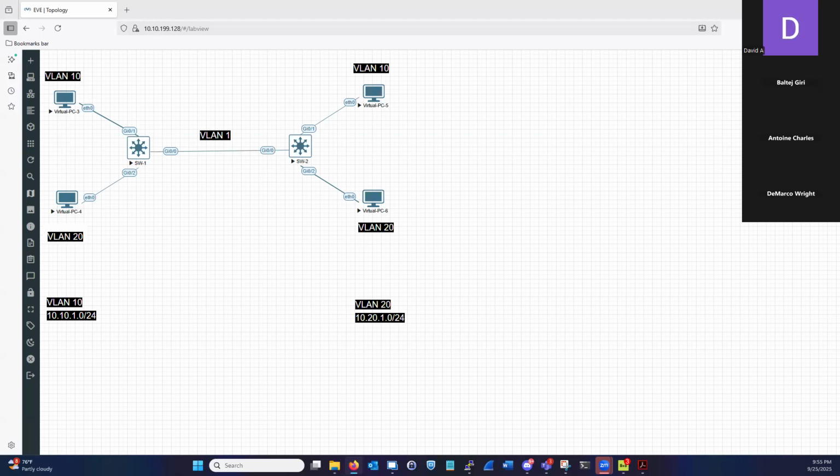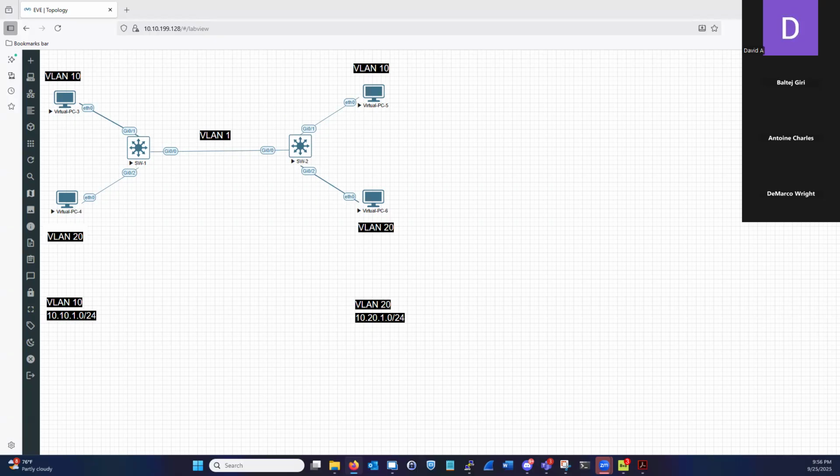Now, Antoine, let's say, based on the needs of the business, we want to achieve multi-switch VLAN communication. What technology can we implement that involves VLAN tagging? We would have to configure a trunk link between switch 1 and switch 2.